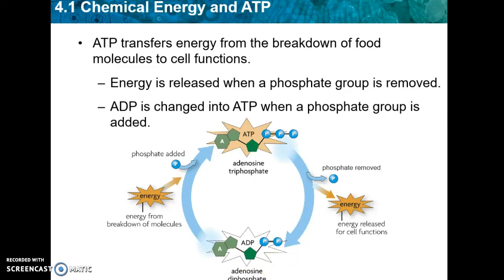Di means 2. Then energy is used to add a phosphate back, and that makes this become triphosphate once again. So you start out at the top with triphosphate, then a phosphate is removed, energy is released, that leaves us with adenosine diphosphate, and energy is then used to add a phosphate back in order to start that process again and to have a triphosphate.